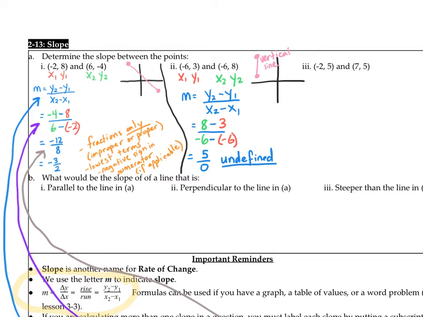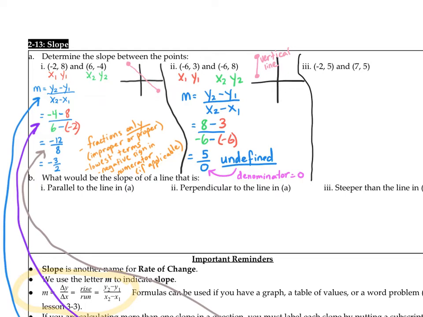And this is really important to remember that anytime you get a denominator of 0, it is an undefined slope, which basically means there is no slope. And in the last example of question 1, or question A.